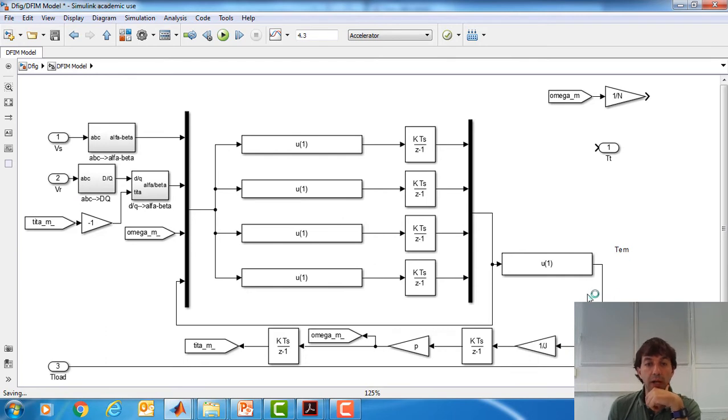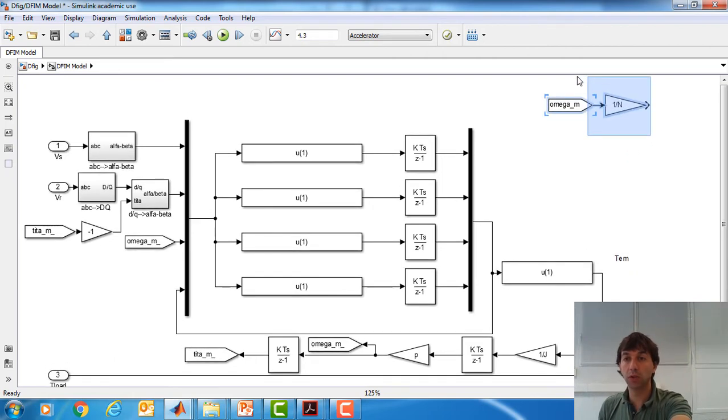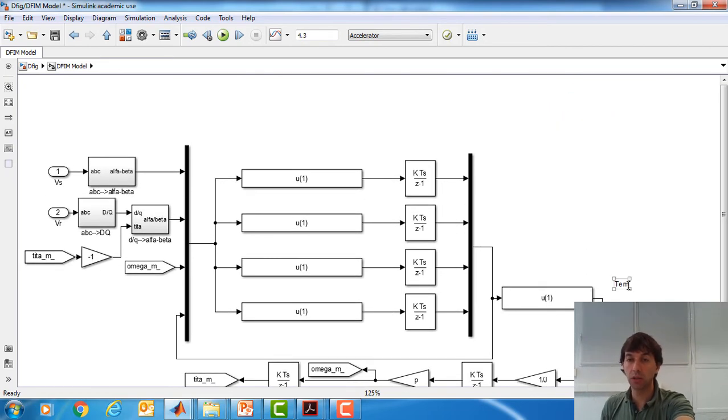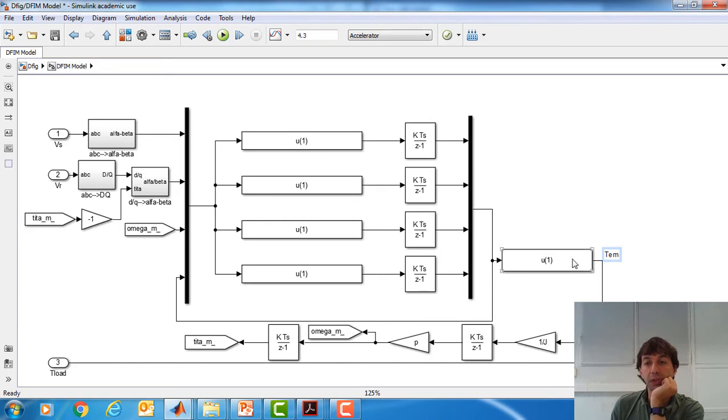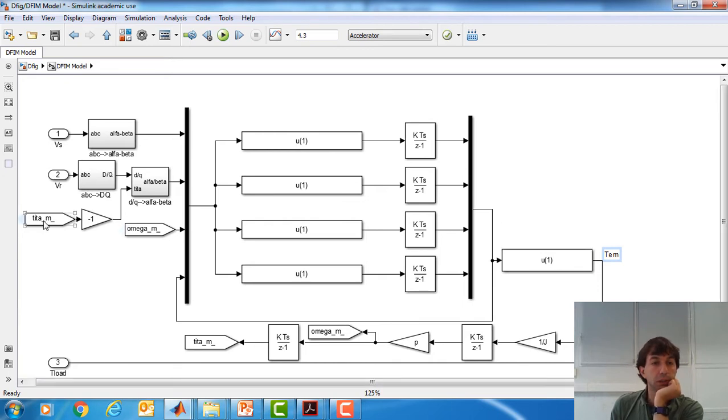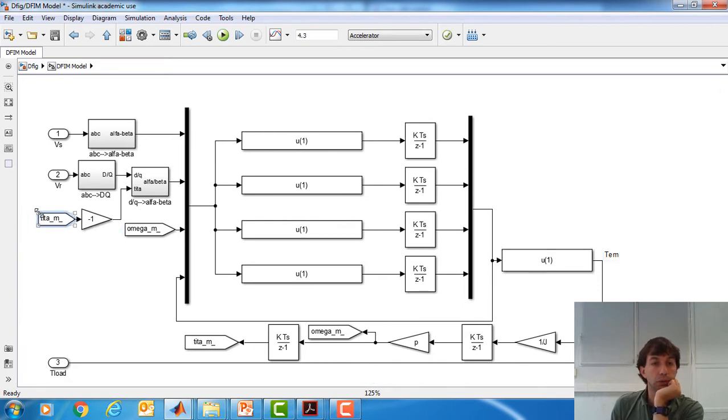Okay, so once we have this, I think that we have almost everything. We don't need this output, we don't need this. This is the torque, so I would like to make some more space. Let's do this smaller. Let's take it to there. This will be there.